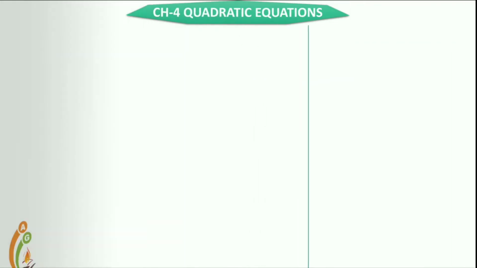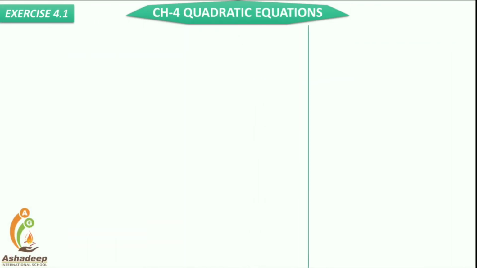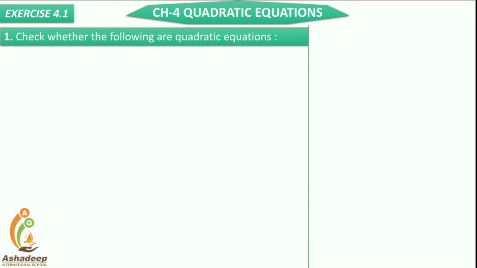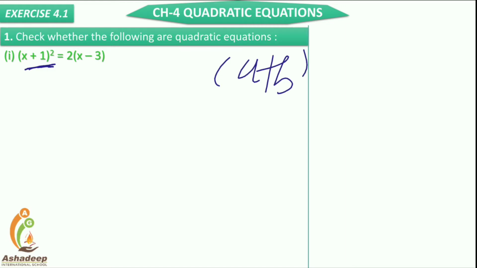Okay, so now let's start exercise 4.1, and in this we have to check whether the following are quadratic equations or not. So the first one, very simple. You just need to put the formula, a plus b whole square, that we already saw in standard 9 chapter 2.